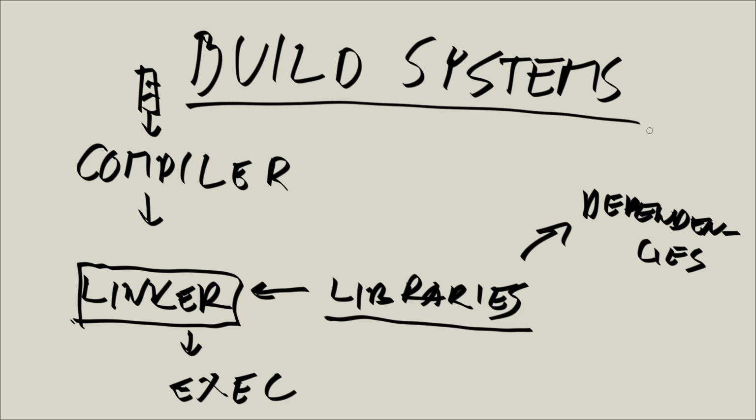Build systems take care of this problem, among other things, and actually make managing dependencies very easy. One of the most popular build systems is called Make, and we are going to discuss this in the next tutorial, which is used for building programs from source code.